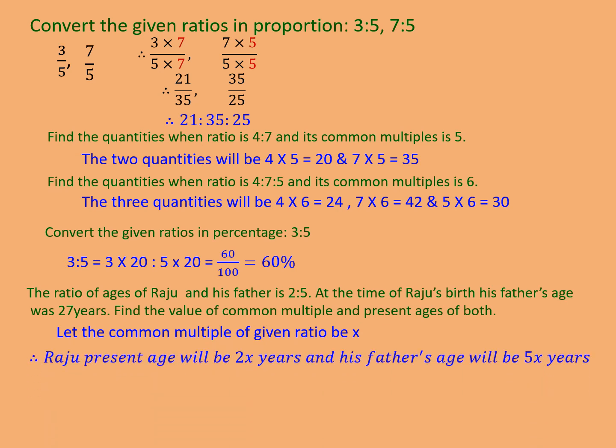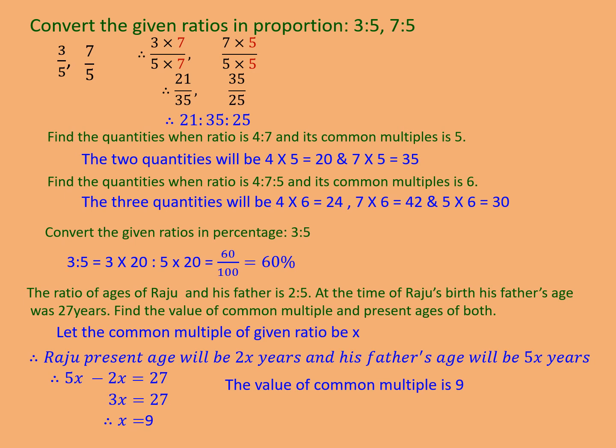Therefore the present ages of Raju and the father will be 2x and 5x. At the time of birth, when Raju has just been born, 5x minus 2x equals 27. When I simplify, I get x equals 9. So we have taken x as a common multiple. So the common multiple of the given ratio we got is 9.